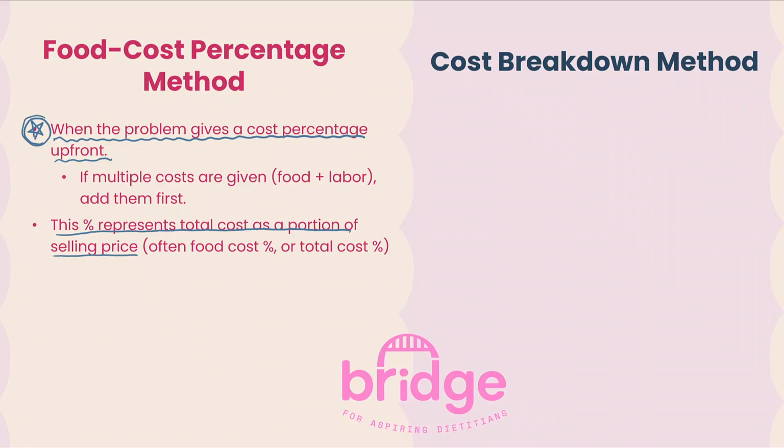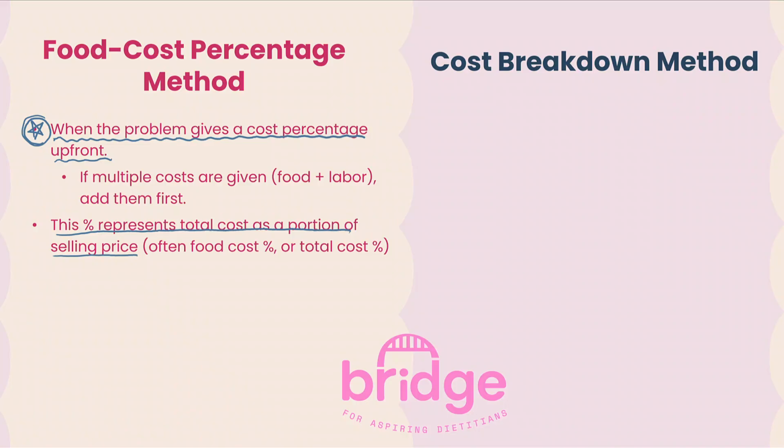And while the cost percentage is usually just food cost percentage, sometimes the problem will have you add in both the food and labor cost percentages if labor is being factored in as part of the selling price. But if both food and labor cost percentages are given, then that means they're both part of your total cost. They both scale with production, and so they'll both belong in your cost percentage.